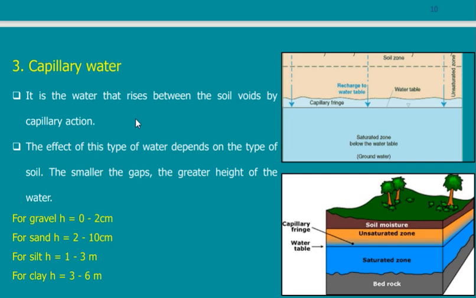So these voids act as capillary tubes, so water can rise in this capillary fringe. Capillary fringe is the range above the groundwater table where water can climb by capillarity. So this is the level of the water table, and this is the capillary fringe.